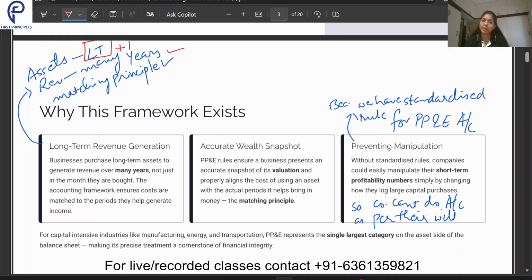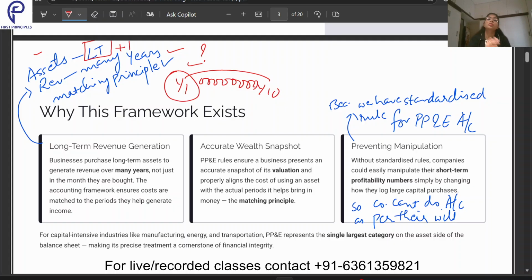So when this asset is helping me generate revenue for multiple years, why should I recognize the entire cost of buying that machinery in just one single year? For example, if I bought the machinery in year 1 and I'm going to use it till year 10, is it fair to expense the entire cost in year 1? No, right? So it's better to spend small portions till year 10.